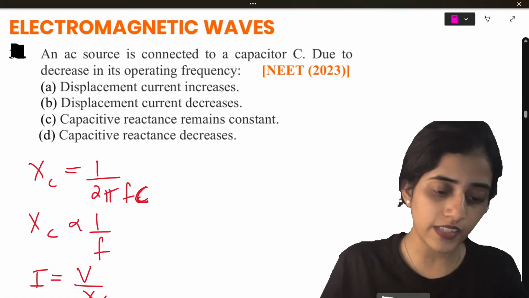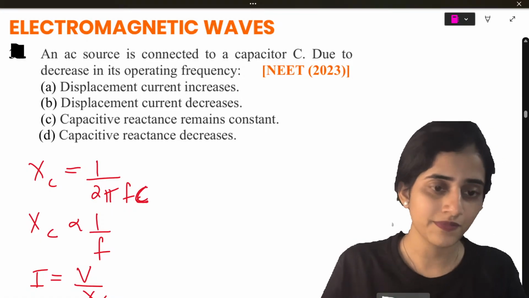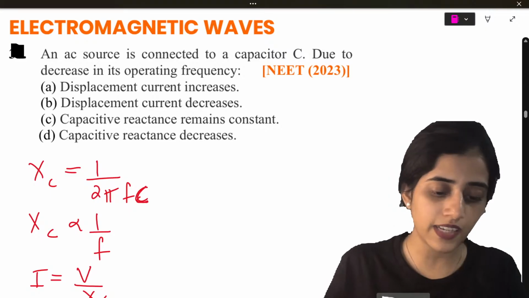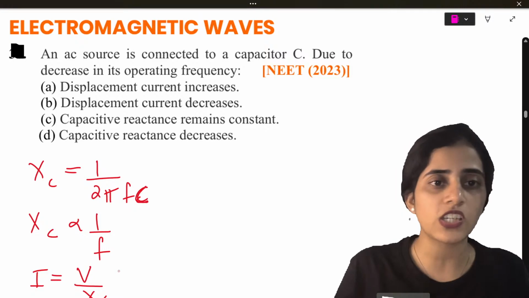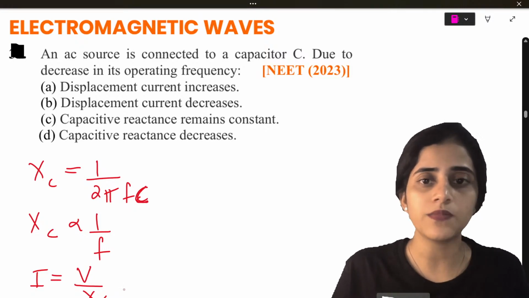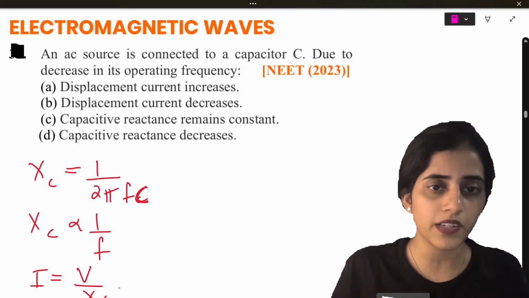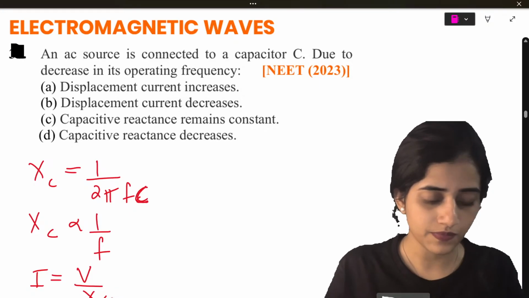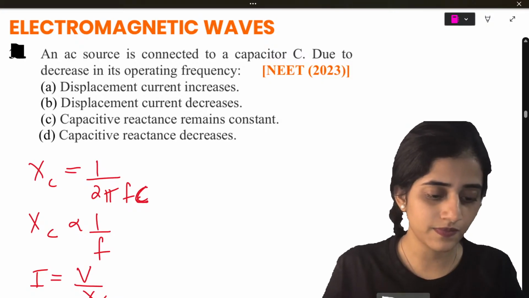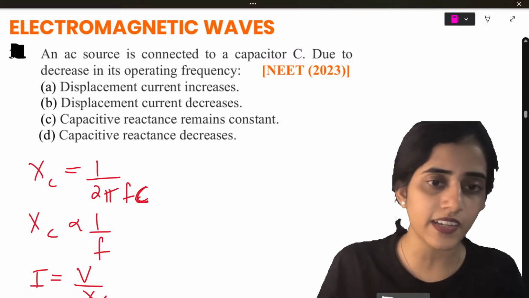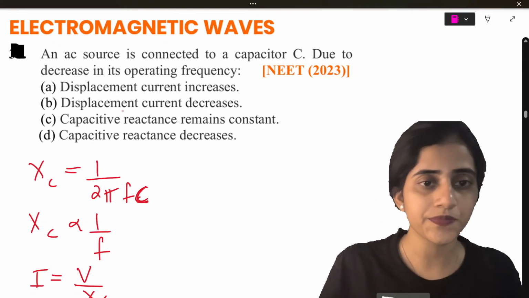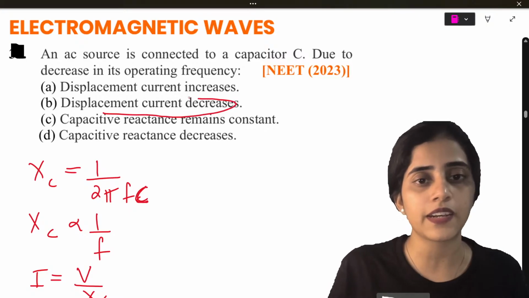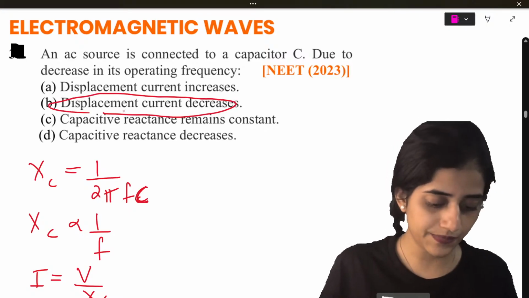So what is the answer? Displacement current is the same as the current through the capacitor. So when the operating frequency decreases, XC increases and the current will decrease. Displacement current will decrease.